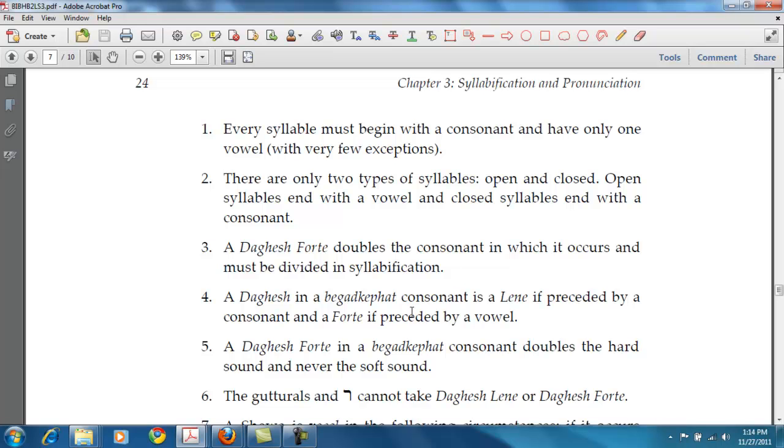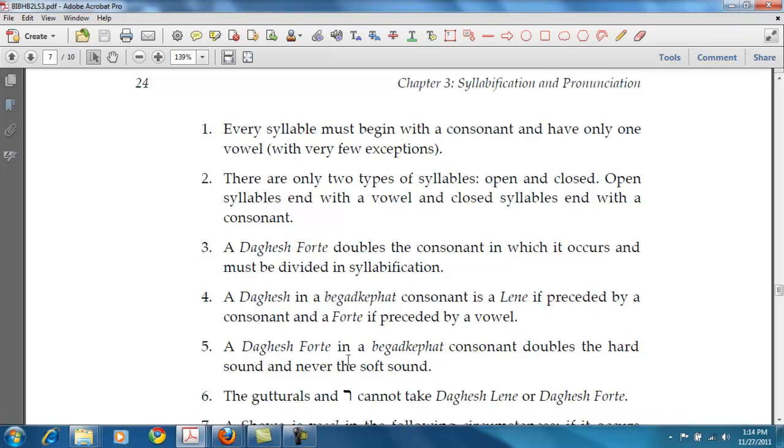A dagesh in a begadkefat consonant is a lene if preceded by a consonant, and a forte if it's preceded by a vowel. Very simple. If it's a begadkefat letter and there's a consonant preceding it, then it's going to be a lene. If there's a vowel preceding it, it's going to be a forte. Very simple. Anything else in non-begadkefat letters is going to be forte.